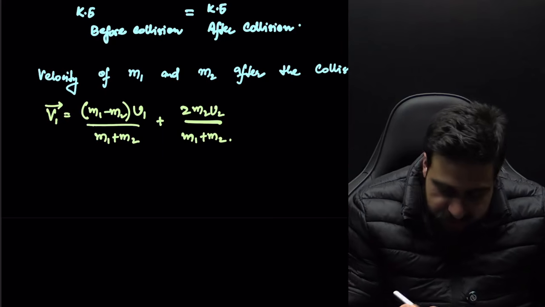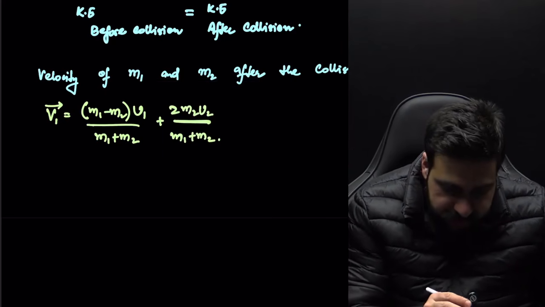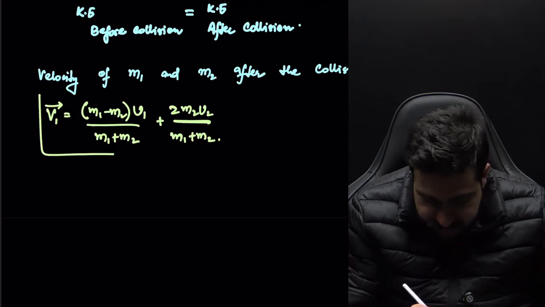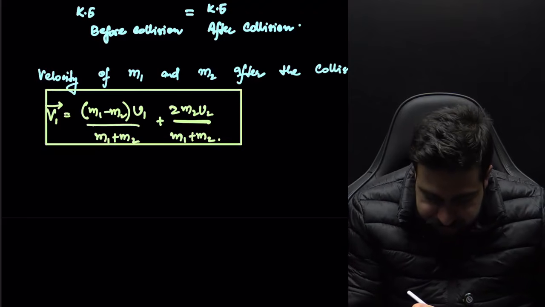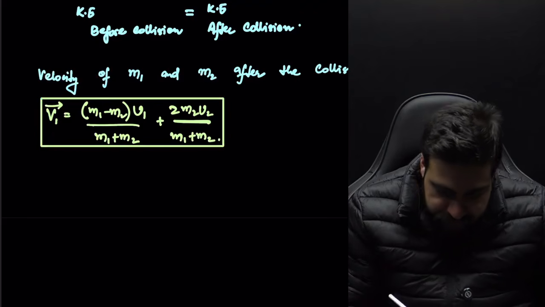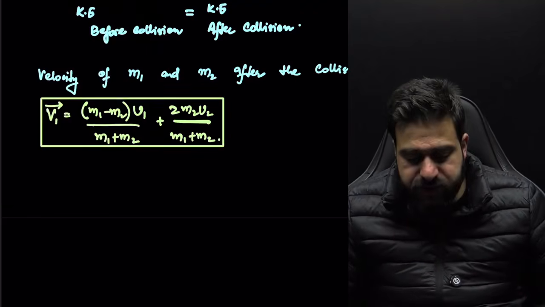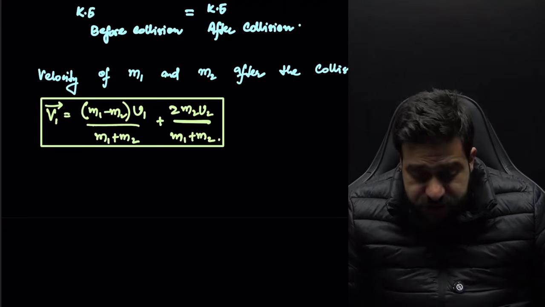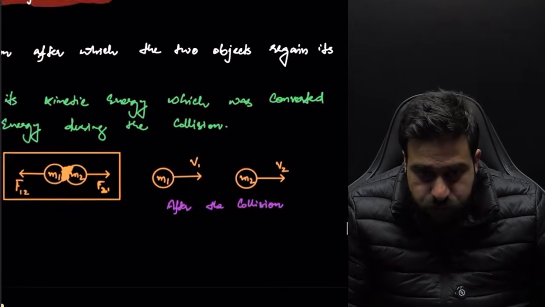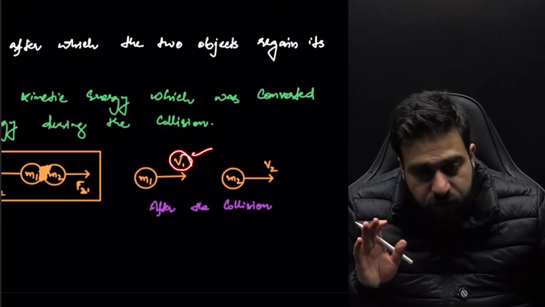Guys, this is very important. This is the velocity of the first mass after the collision, and this is the value of velocity v1.